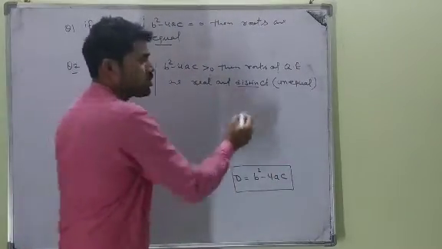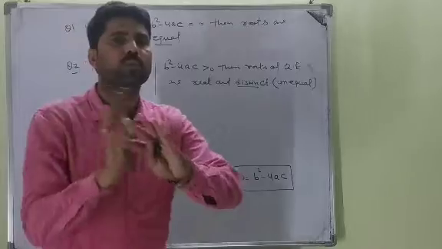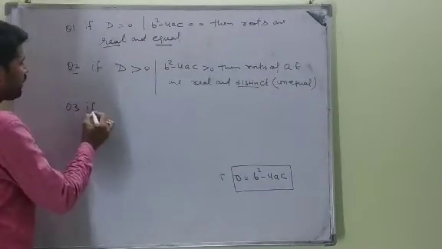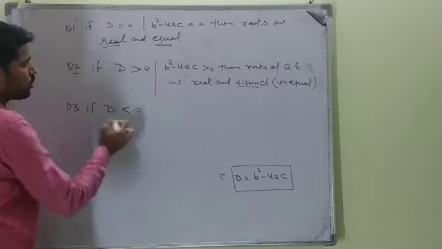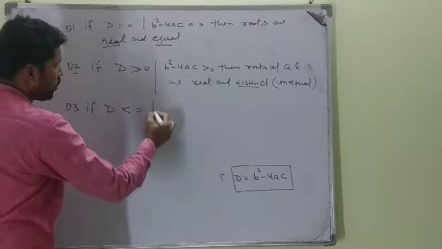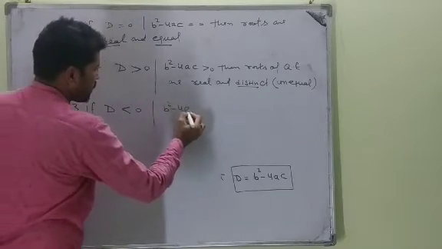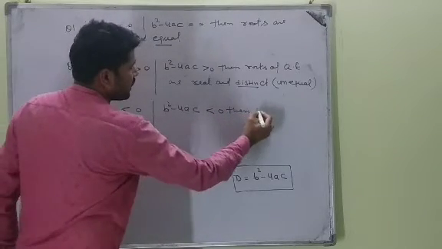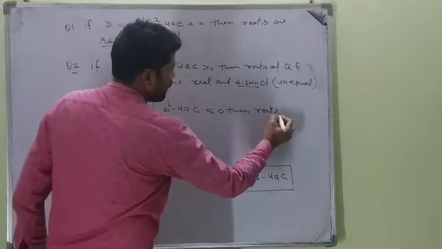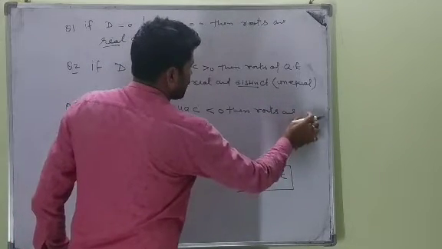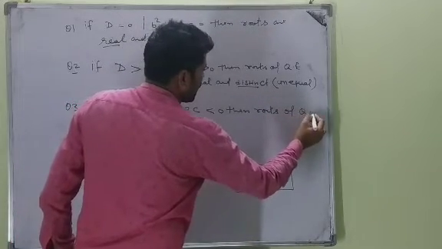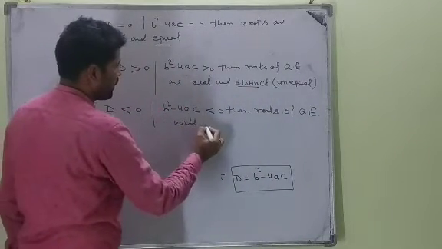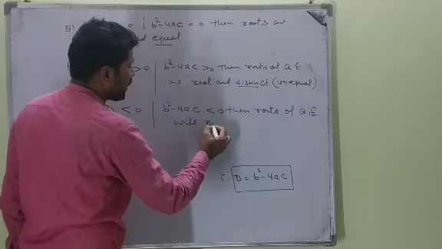Okay, means the values of x will be different, not both the same value. Case 3: if D less than 0, or b square minus 4ac less than 0, then the roots of the quadratic equation will be not real.